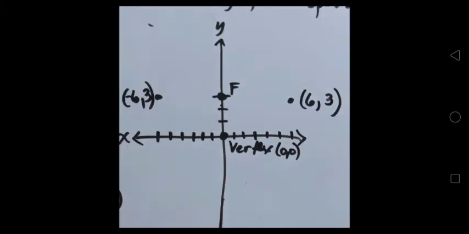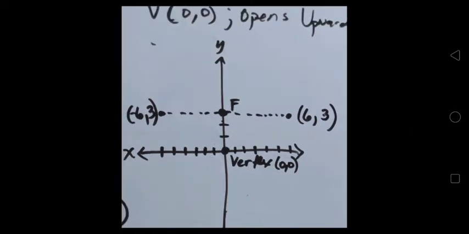So it means that we will move 6 units to the right and left of our focus. So that is 1, 2, 3, 4, 5, 6 to the right and 1, 2, 3, 4, 5, 6 to the left. So the endpoints of our latus rectum are at negative 6, 3 and at positive 6, 3. So that is now our latus rectum.